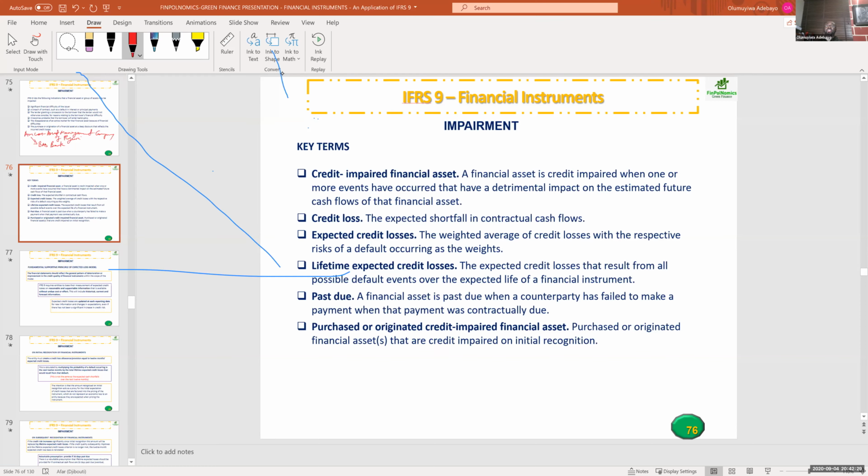And finally, what is our 12-month credit loss? 12-month expected credit loss is a portion or a part of the lifetime, which is expected to occur only within the next 12 months. Which means a 12-month expected credit loss will be lower than a lifetime because you are only looking into 12 months of the future, whereas in lifetime, you are looking into the lifetime, probably 5 years. And that is the position of the standard.